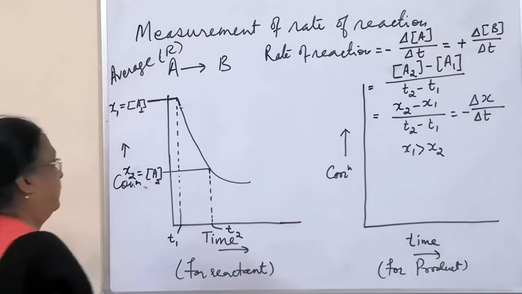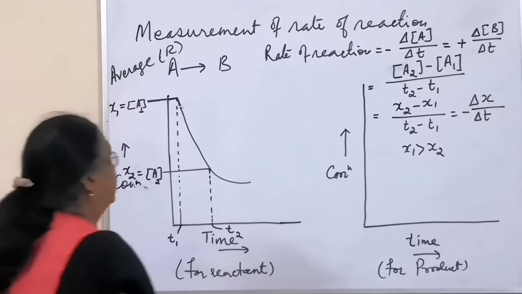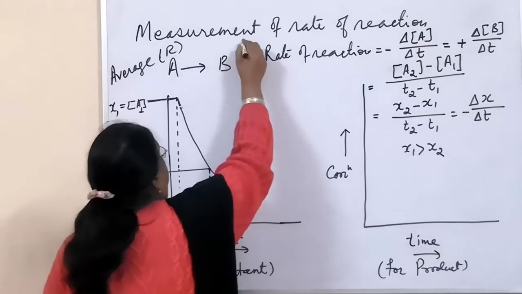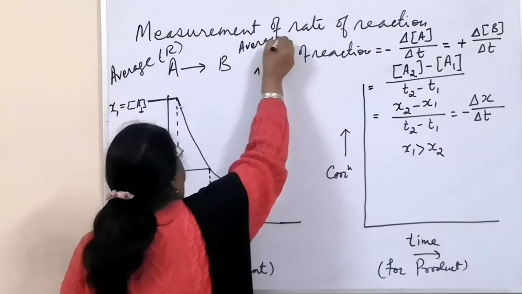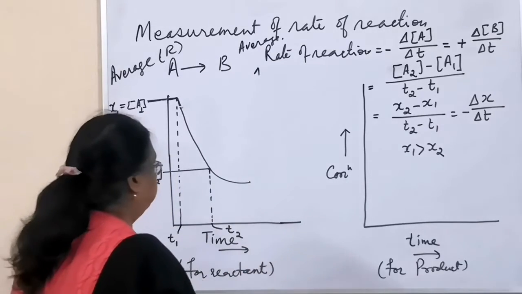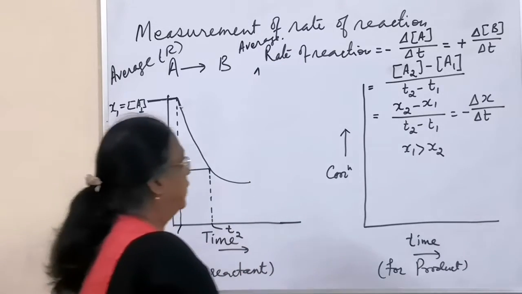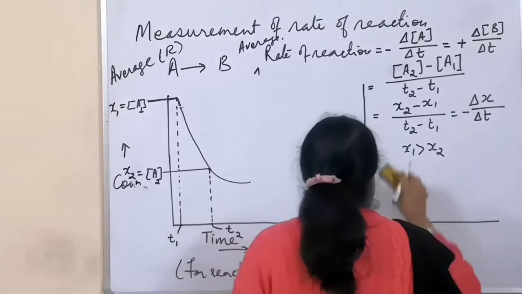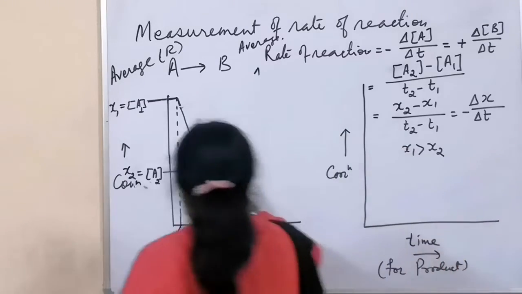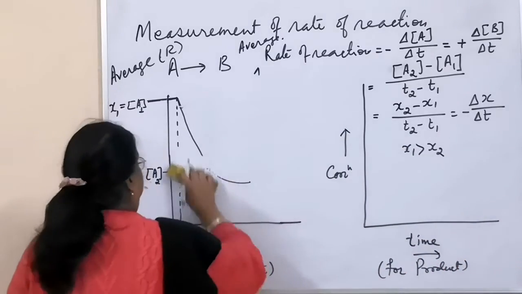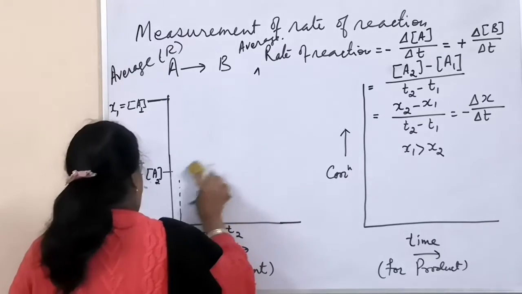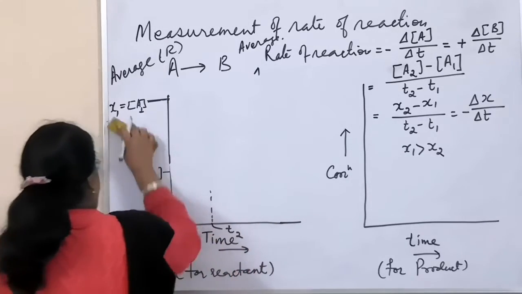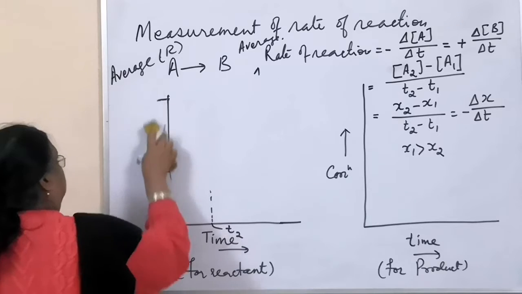So this way you can find out the average rate of the reaction. Now we'll do it for the product. For the product I will do it again here, because I have already done the derivation there.